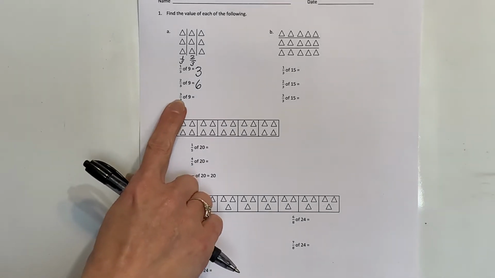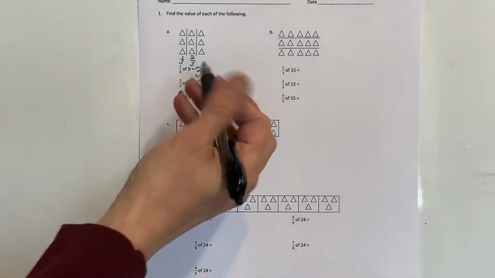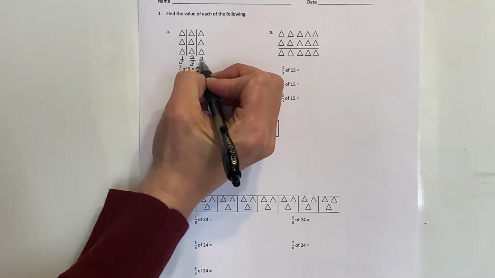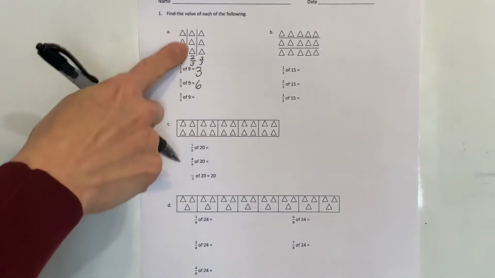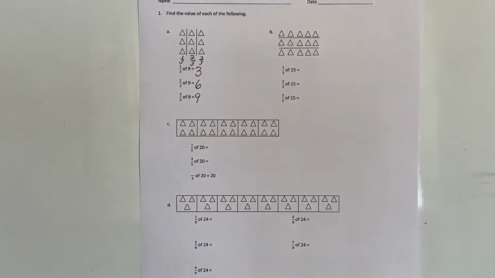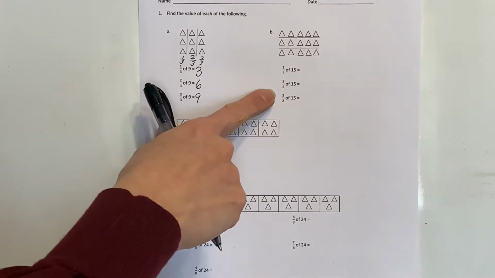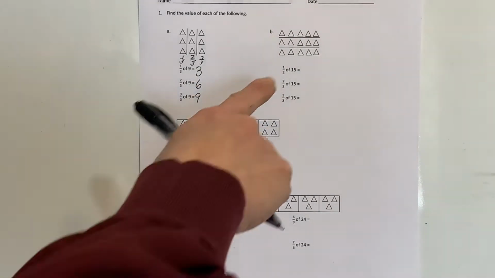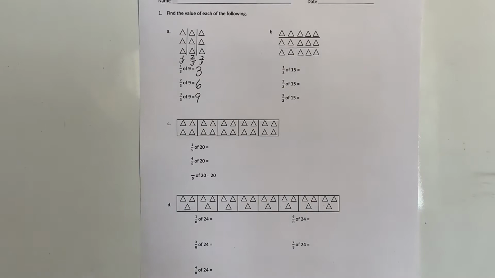So it's the same as saying 1 times 9. Well, when we write 3/3 under this one, we've got 3, 6, 9. It is the whole thing. So 9.